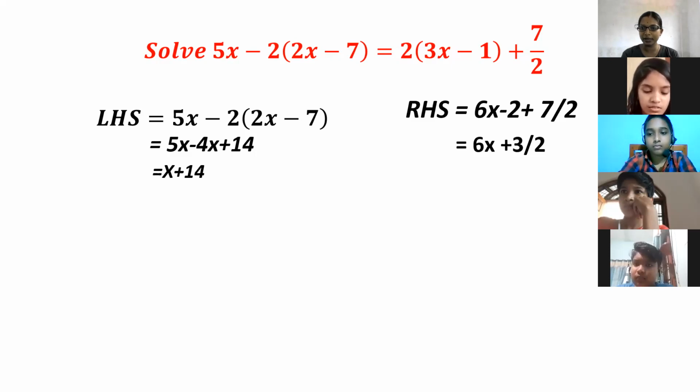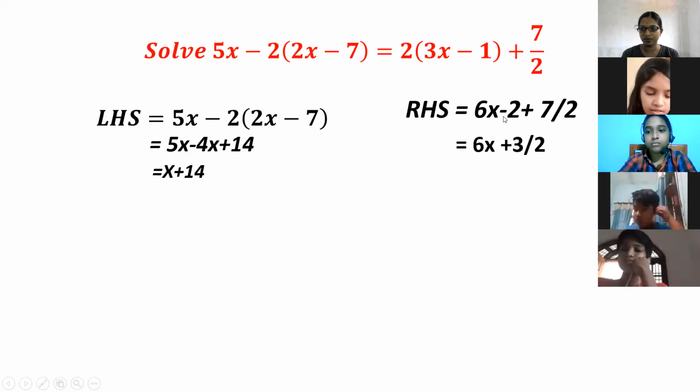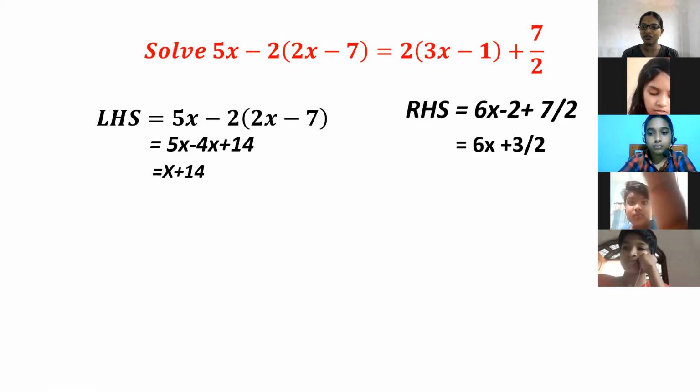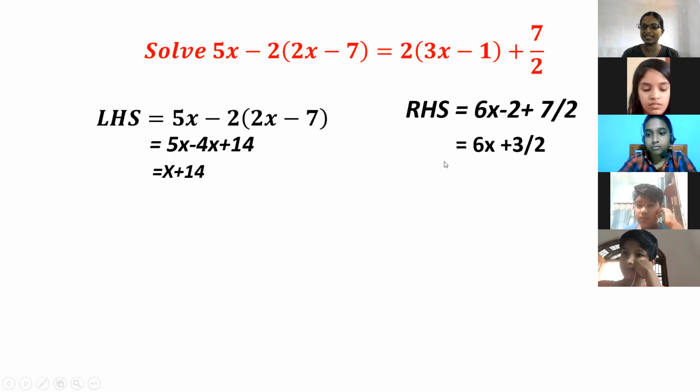By applying cross multiplication, we get 2 into -2, that is -4, plus 1 into 7, which is +7. -4 + 7 is +3, and the denominator is 2. That's why -2 + 7/2 becomes 3/2. So it is clear, addition of rational numbers, as we have studied in our previous chapter.